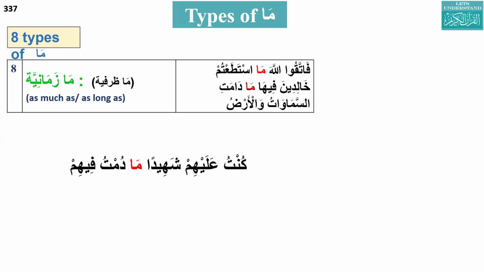When it is used with ma zamaniya, the madi istata'atum can be translated as mudare. Mastata'tum, as much as. This is quantity. As long as, or as much as. So here, as much as you are able to.